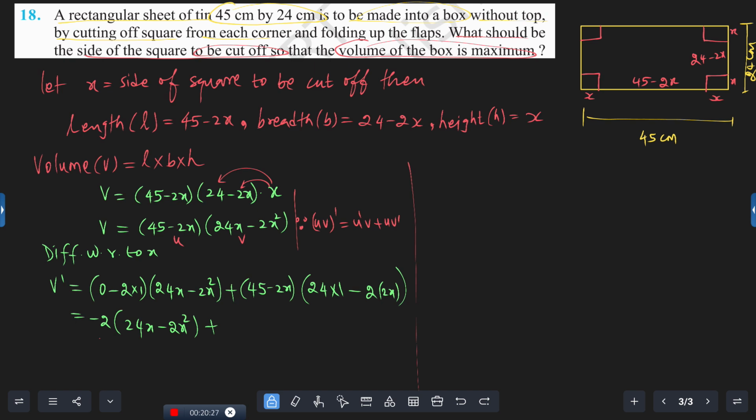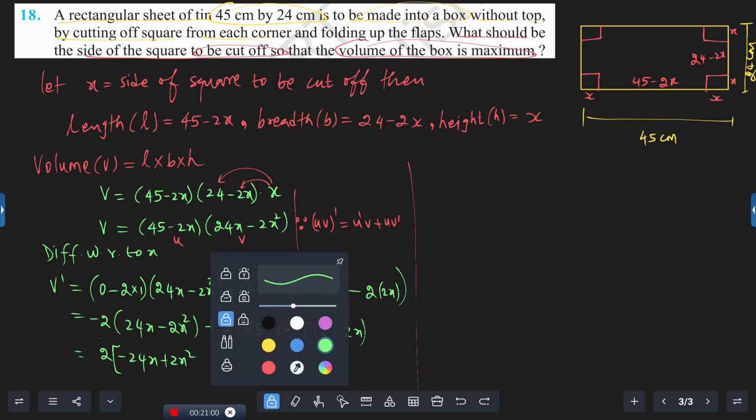Plus from here you can take 2 outside, even 4 also, but we need only 2 alone. Taking 2, 45 minus 2x; from 24 if you take 2 it will be 12 minus x. Then when you multiply inside, minus 24x and plus 2x square.